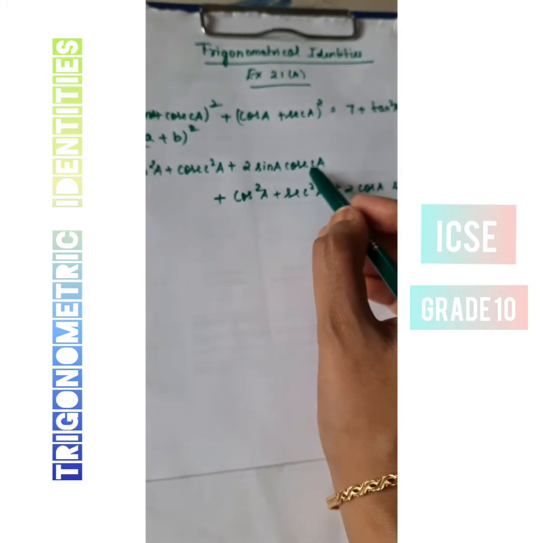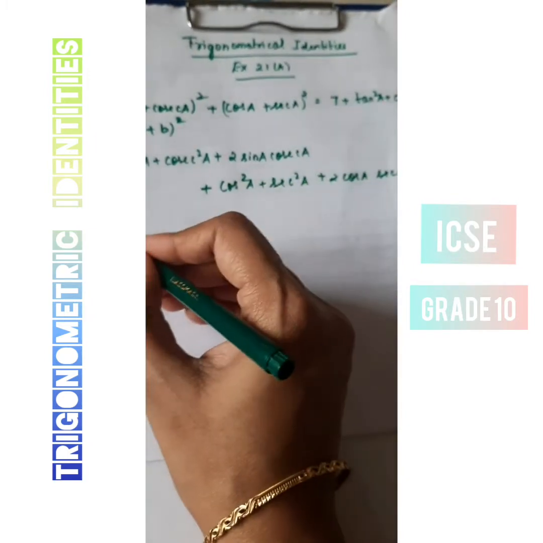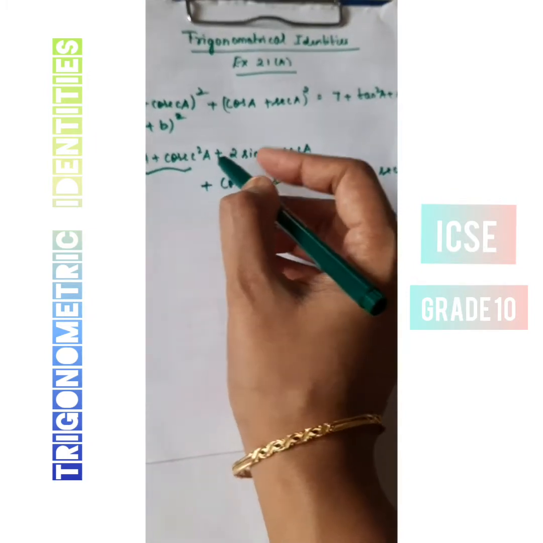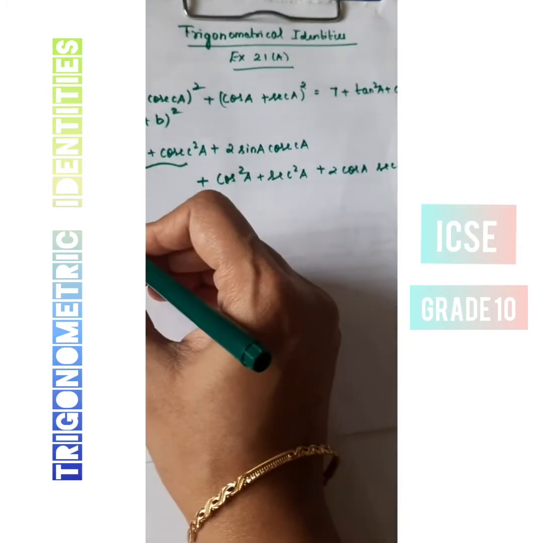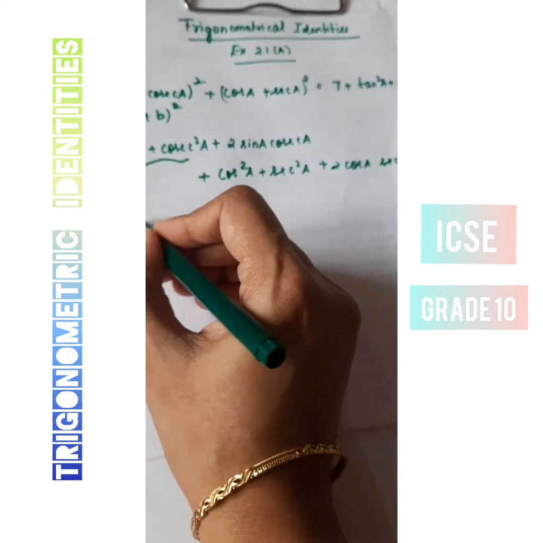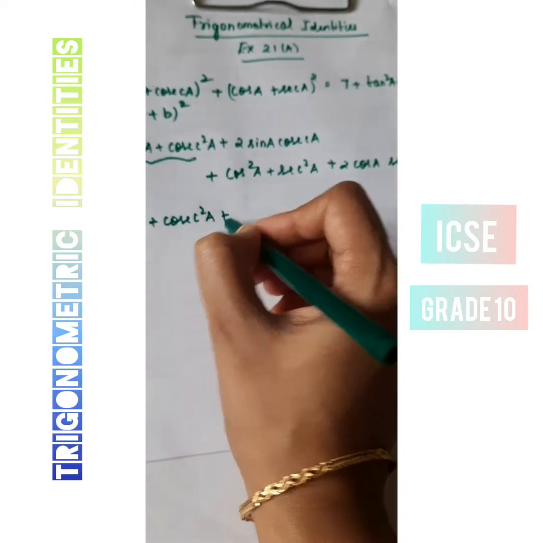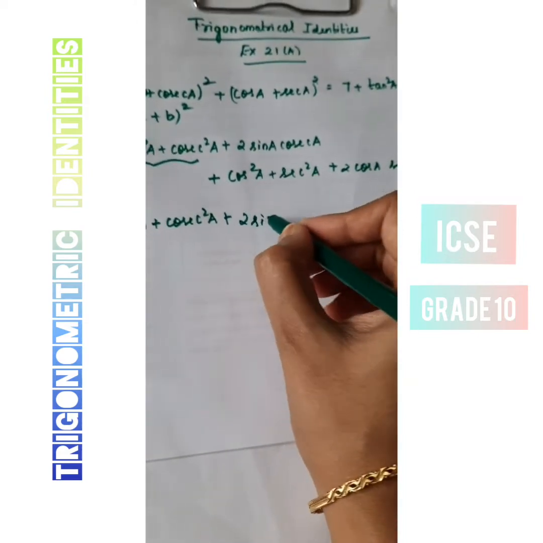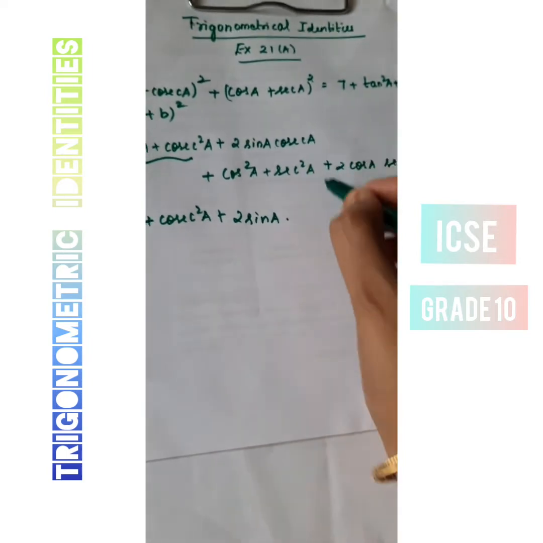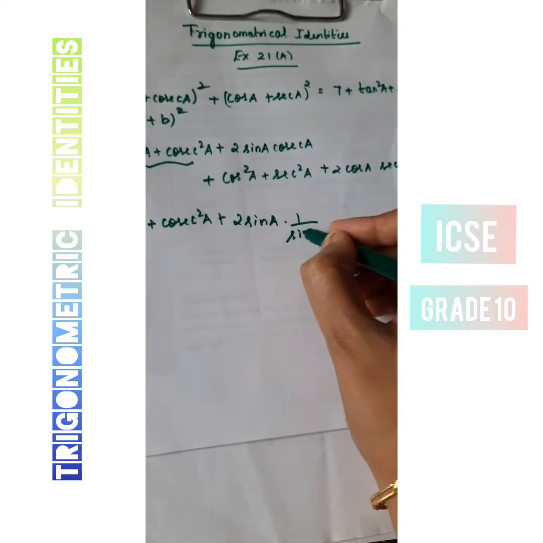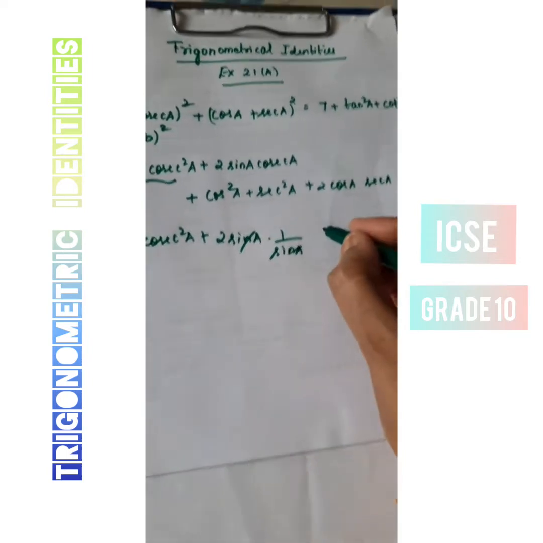So sin a and cosecant a are reciprocal forms, which can be again written as sine square a plus cosecant square a plus 2 sine a, and cosecant a is a reciprocal of sine a, so it can be written as 1 by sine a, and this 2 sine a goes off.